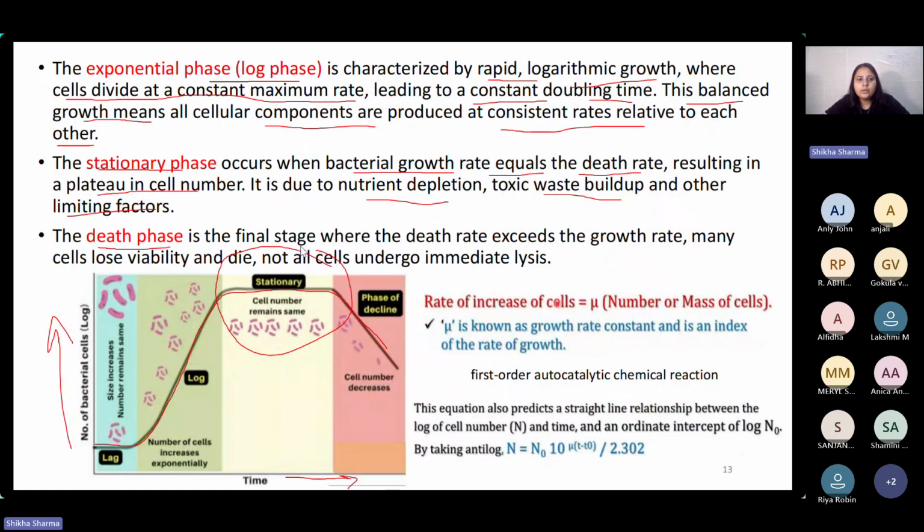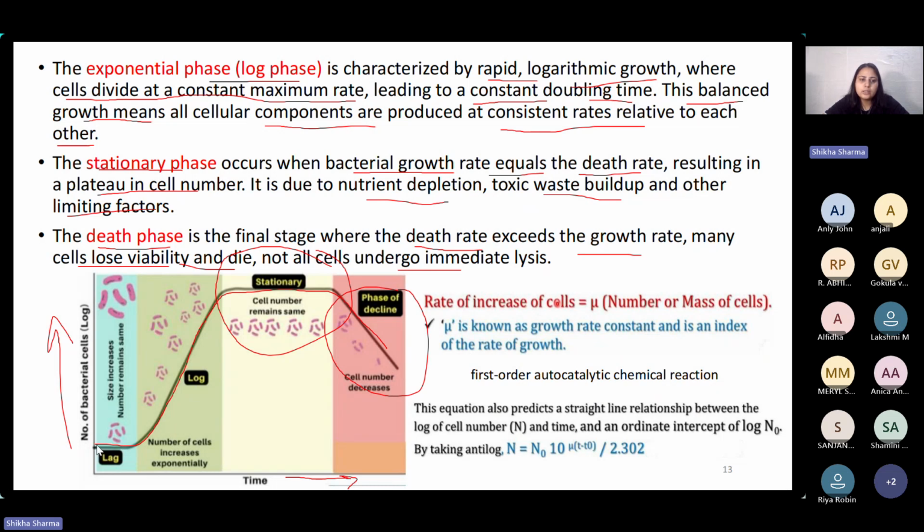Then the death phase is the final stage, where the death rate exceeds the growth rate. Many cells lose their viability and die, and not all cells undergo immediate lysis. So here the death will be more, and we can see the decline.